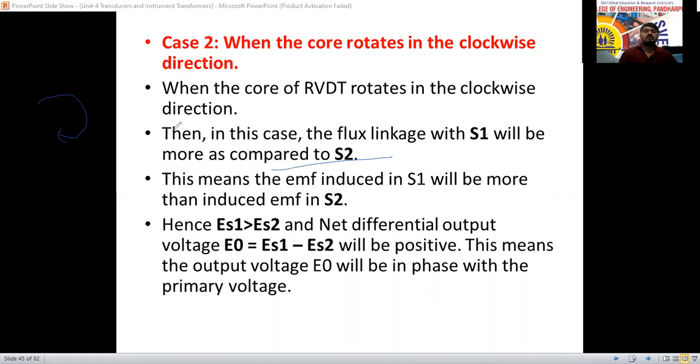I will draw the diagram, then you will understand. Here the primary winding is there. This is S1.